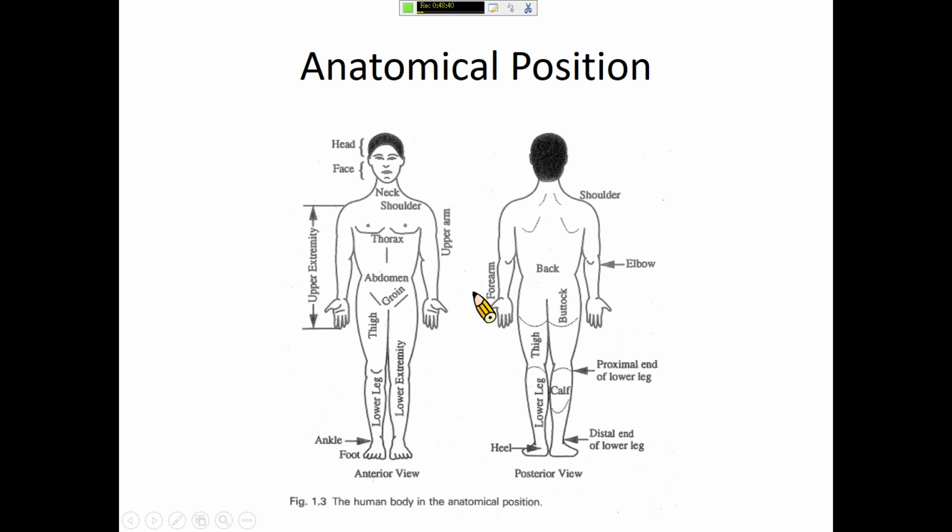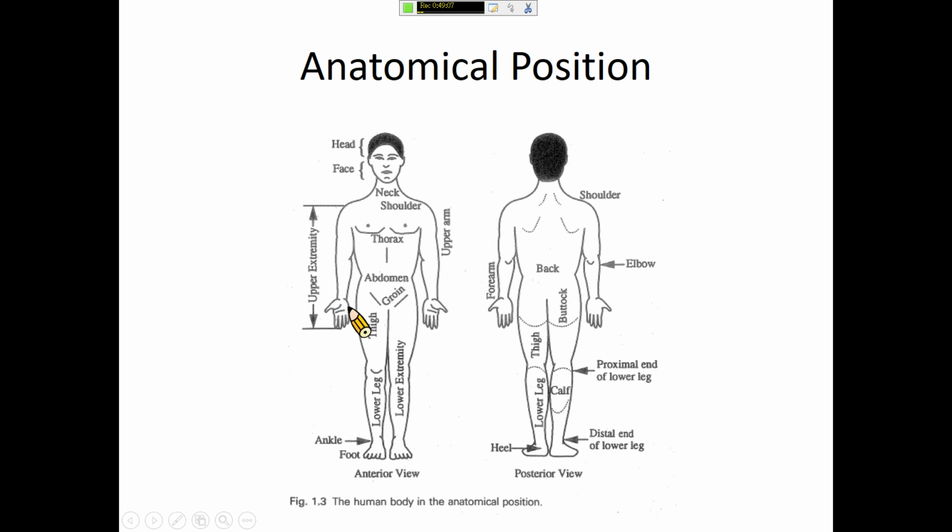Only when you are doing biomechanics, you need them. Okay? And this part is called thorax. And this part is called abdomen, about the waist area.